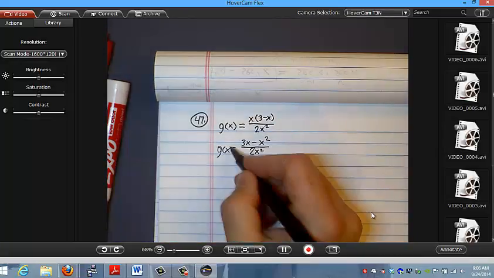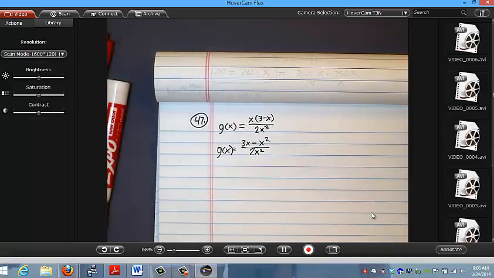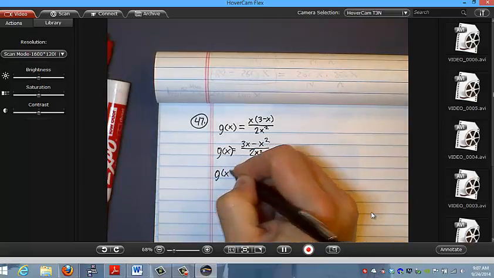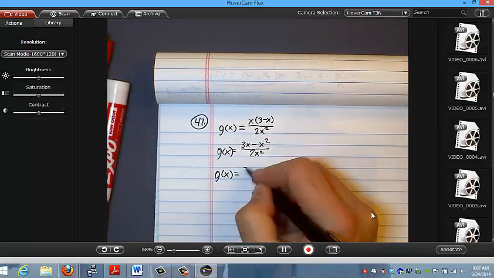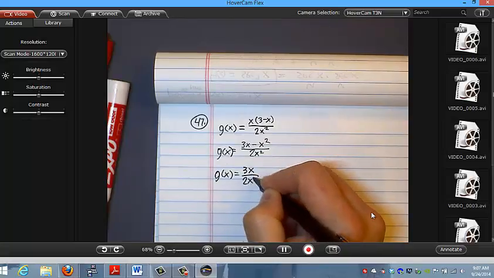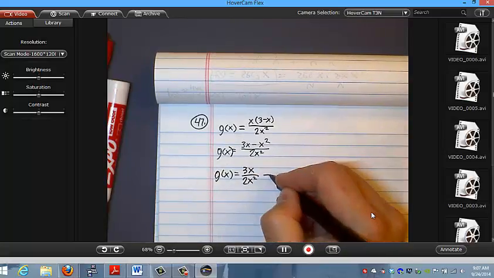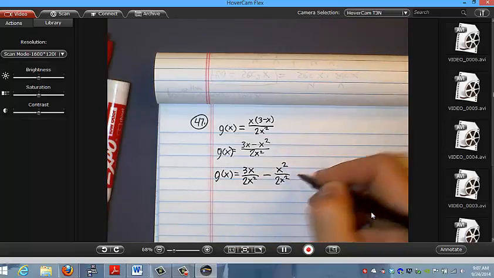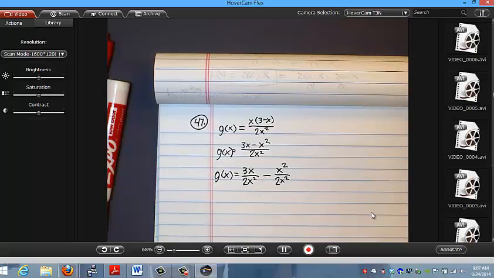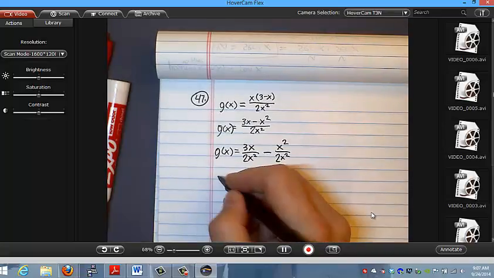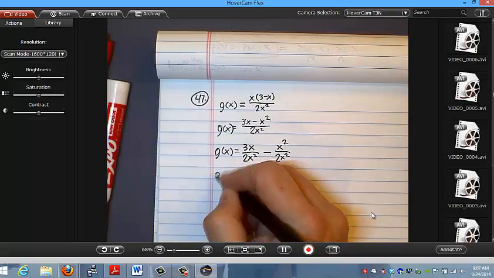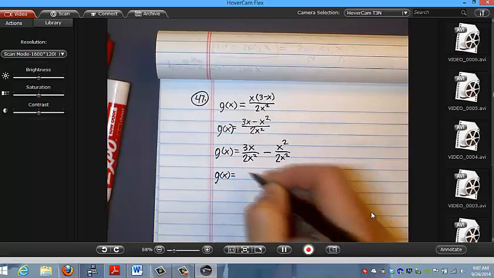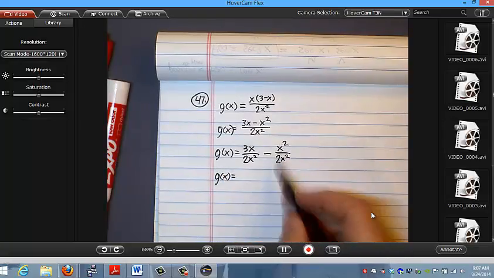And I'm still going to simplify, because that can be written as two separate fractions, right? G of x is 3x over 2x squared minus x squared over 2x squared. And that makes it even nicer because now you have g of x equals, well, what about the second fraction?